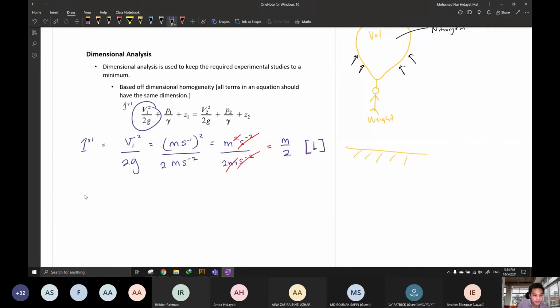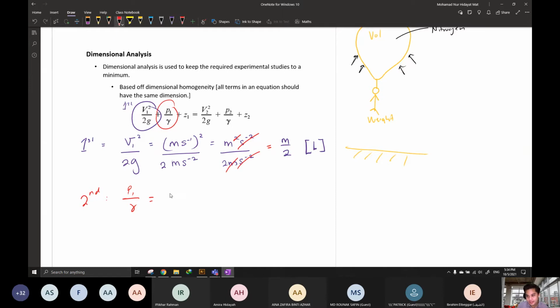Let's take a look at the second term, which is P over gamma. What's the formula of pressure? Force over area. So what's the unit of pressure, everyone?